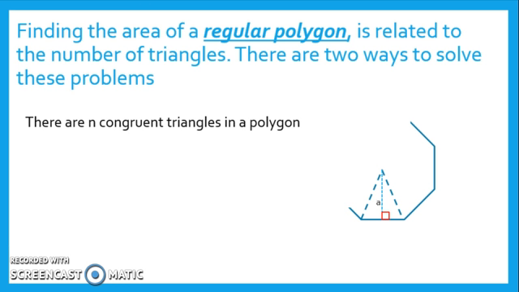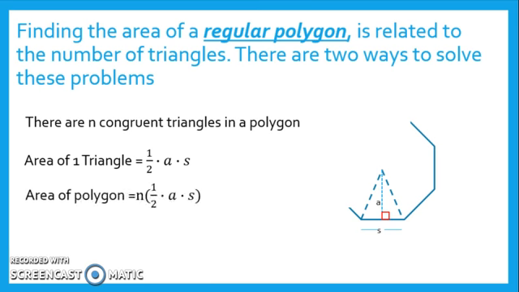A is the apothem, S is the side length of the whole base of the triangle. The area of one triangle is 1/2 times A, the apothem, times the side length, base times height divided by 2. To find the area of the whole polygon, you just multiply that by the number of sides.